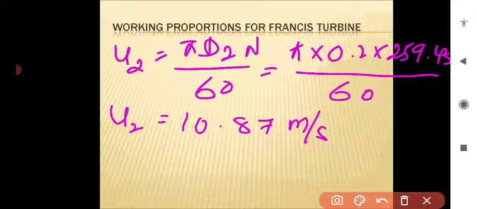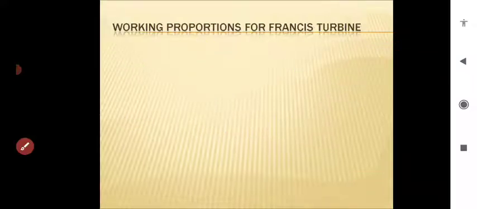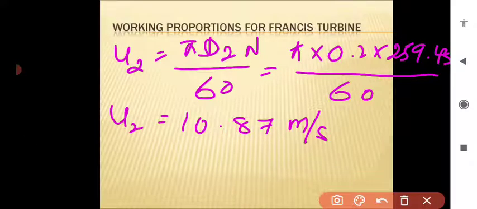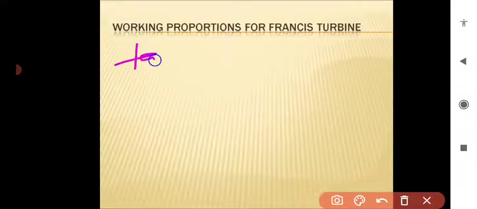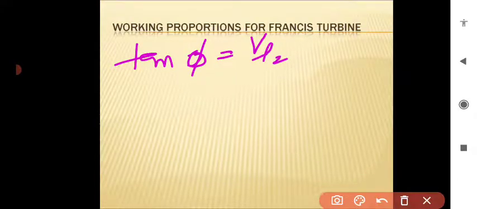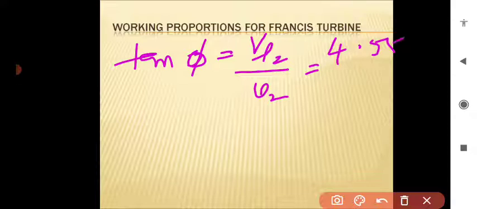So now we have to calculate the outlet vane angle. From the outlet triangle, we know that tan phi is equal to Vf2 by U2. We know that Vf2 is equal to 4.55 and U2, which we calculated earlier, is equal to 10.87.